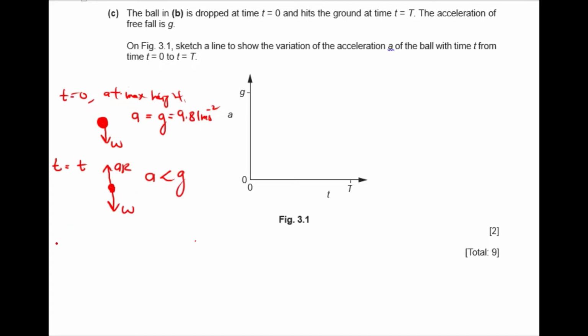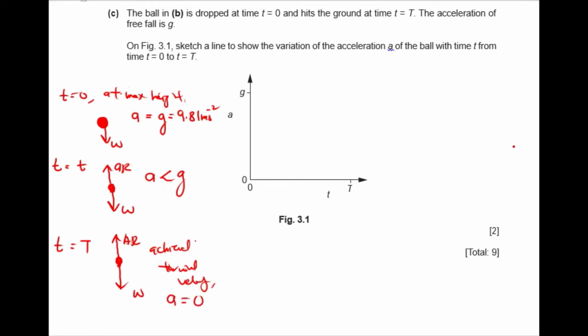So when the ball hits the ground, or when the air resistance equals the weight, here we said it achieves terminal velocity. So acceleration equals 0.